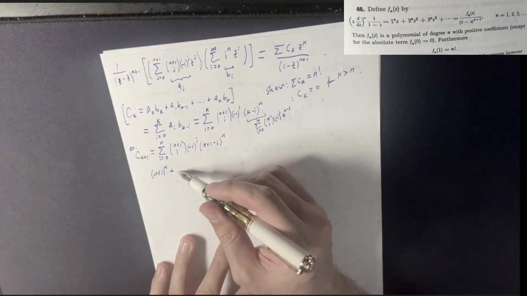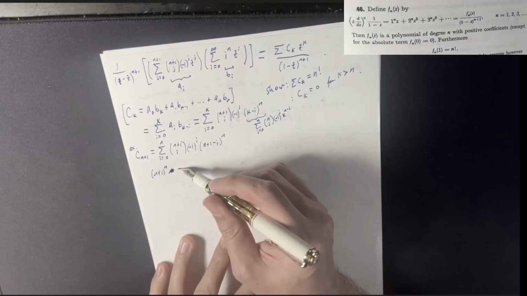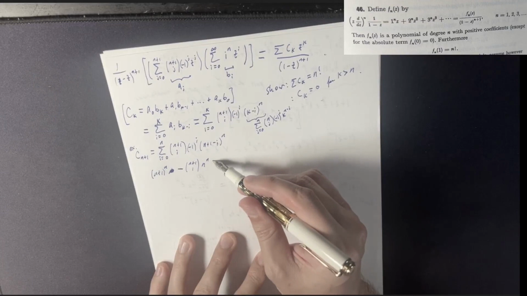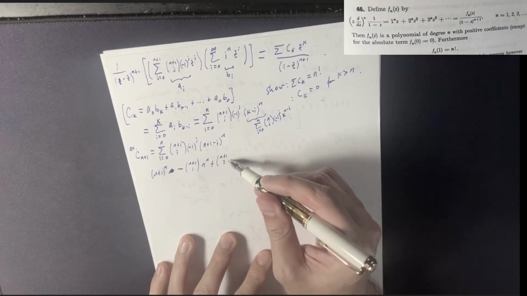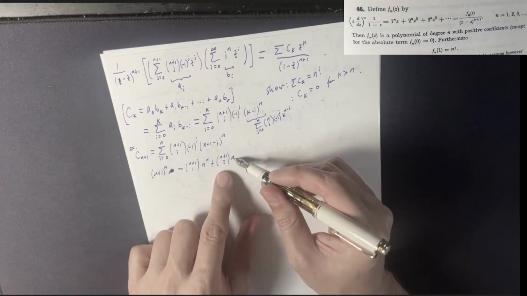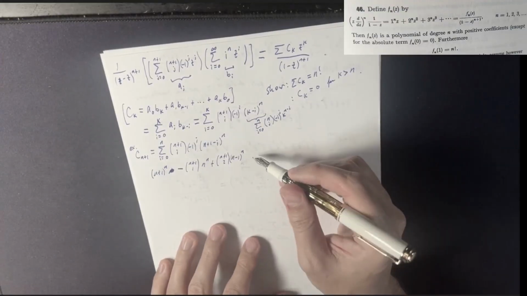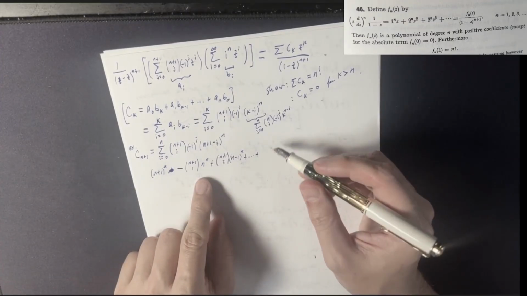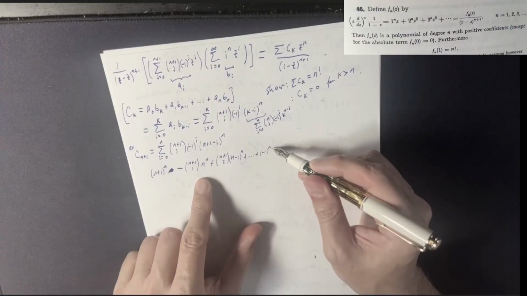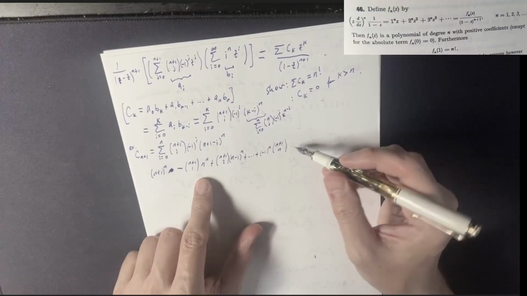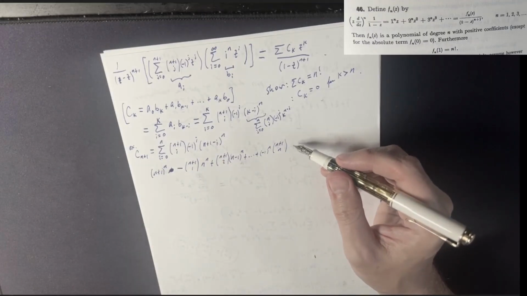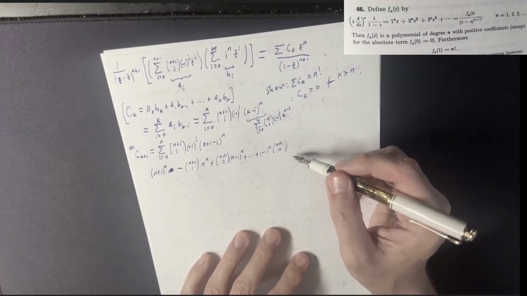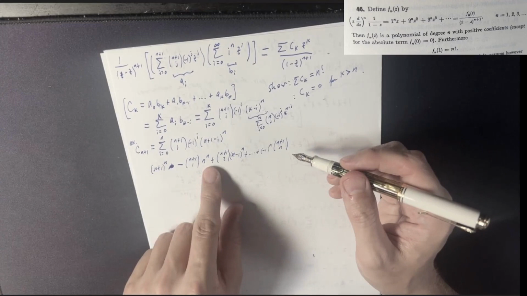Plus, well, you could say minus if you want, minus n plus 1 times just n to the n, plus, finally we get something interesting, n plus 1 choose 2, times n minus 1 to the n, etc. And the last term that you actually see is negative 1 to the n plus 1 choose n, and this is a 1? Yeah, 1 to the n. Now these do match up, but there's an n to the n there.